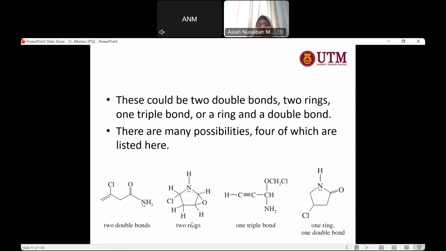It can be one triple bond because one triple bond represents two elements. Or it can be a mixture of one ring and one double bond, as shown in the structure on the far right of the slide. You can draw any of these as long as it fulfills the requirement of 2 elements of unsaturation.